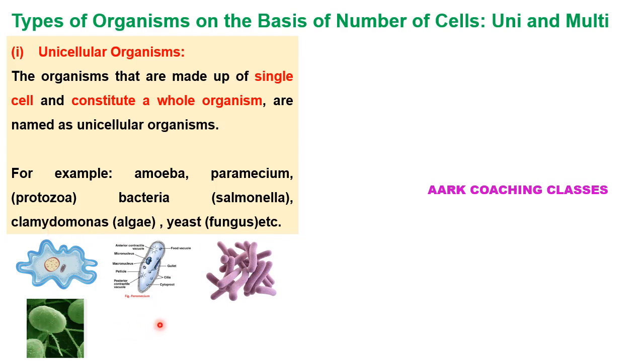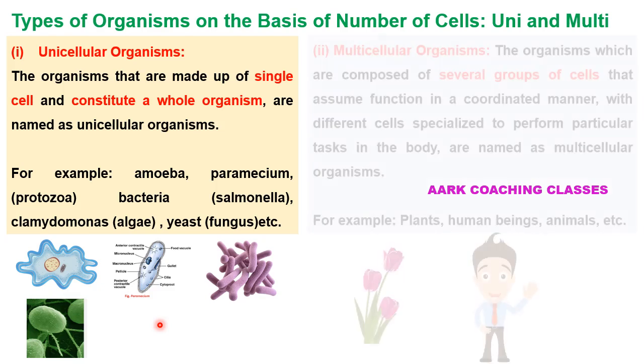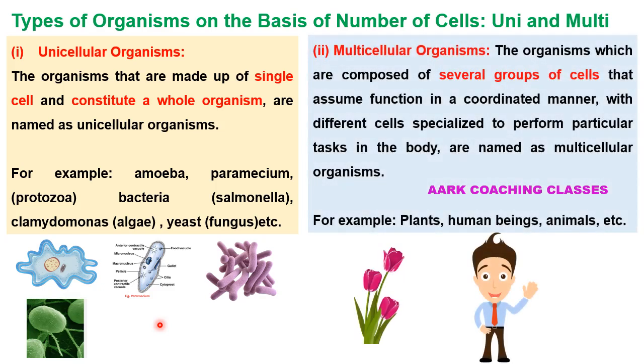Okay, then yeast. Okay, yeast cells. These are what? Single-celled organisms, or also known as what? Unicellular organisms. So the entire body is made up of only one cell. All right. Okay.